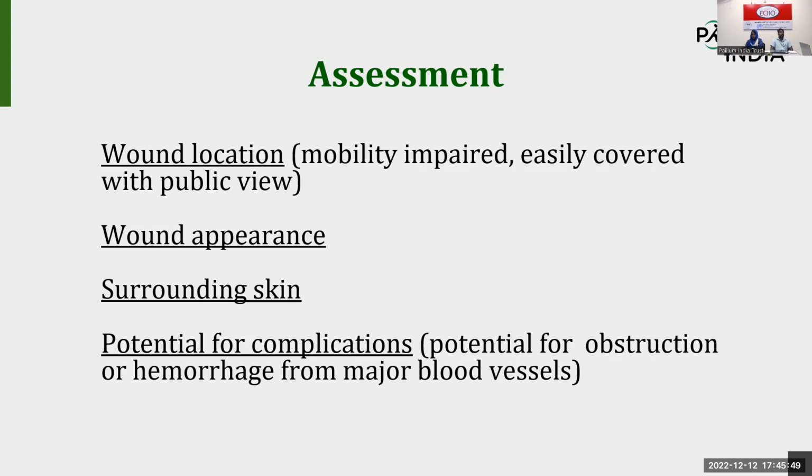So periodic changing and proper cleaning of the wound is mandatory for protecting the surrounding skin. So we need to assess the surrounding skin. Then we need to assess whether there is any bleeding possibility or not.